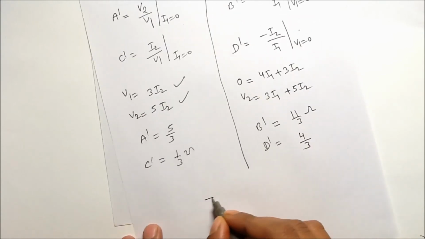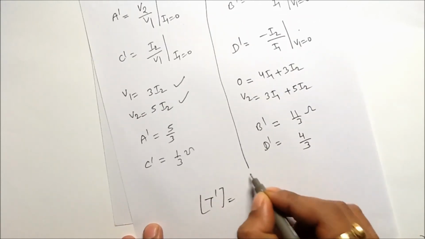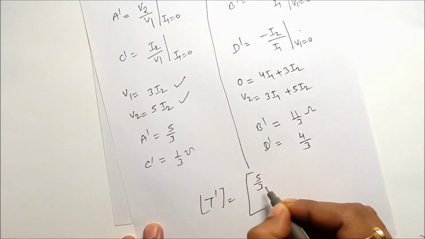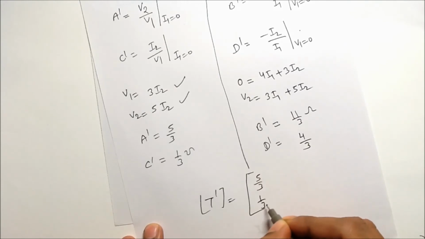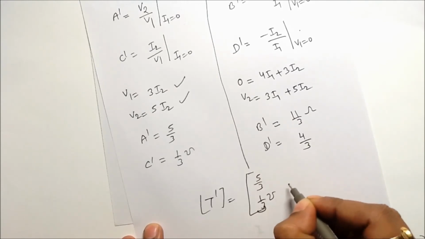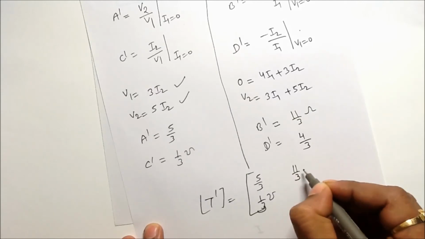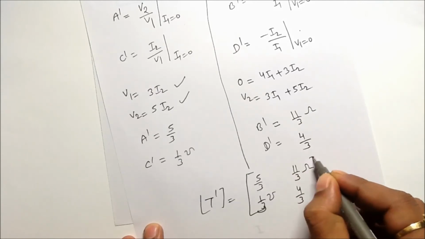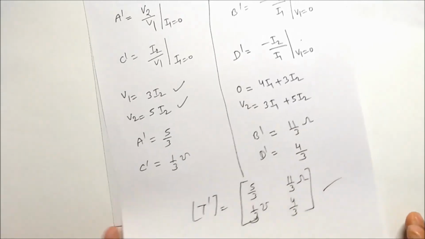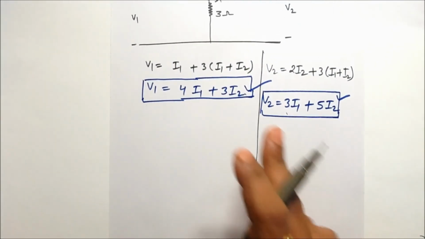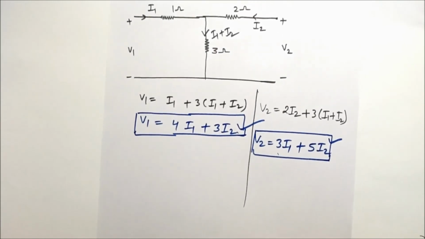So in this way the T dash parameters will be 5 upon 3, 1 upon 3, 11 upon 3 and 4 upon 3. So in this way we have calculated the T dash parameters with the help of these two equations.